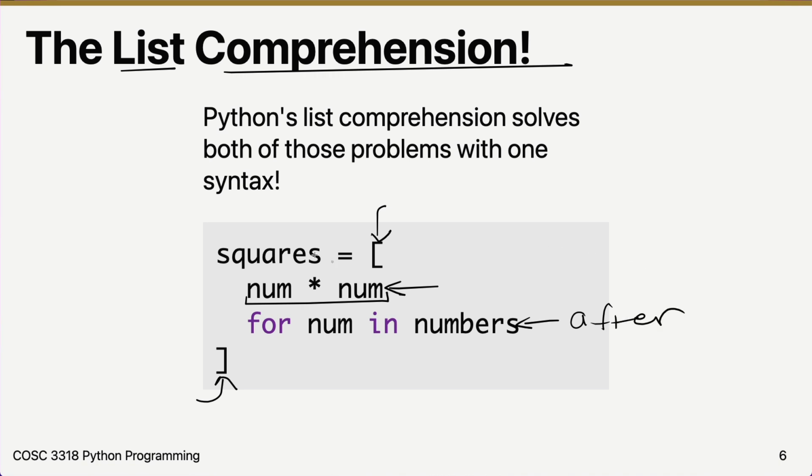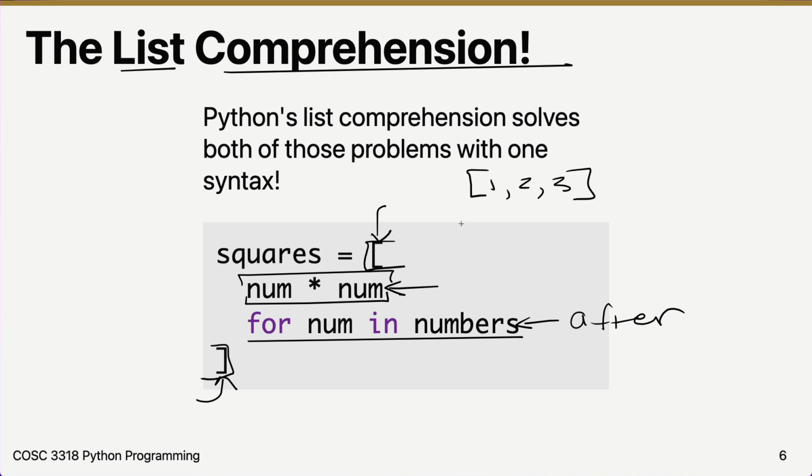So in this case, squares is a new list. It's a new list right here comprised of this calculation, num times num, for every num in numbers. This is what's known as a list comprehension. It's not just a list where we have values 1, 2, 3.